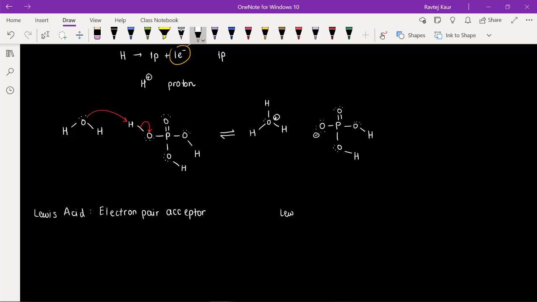On the other hand, as you might suspect again, it is the opposite of an acid. So a Lewis base is an electron pair donor. In the Bronsted one, the condition was a proton. In the Lewis, the condition is an electron pair.